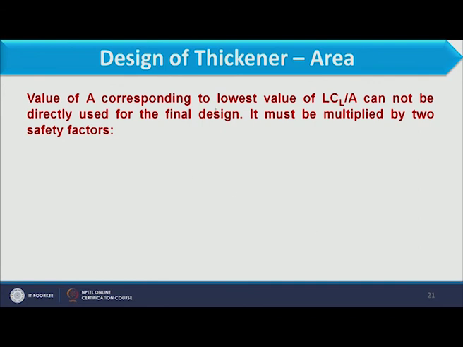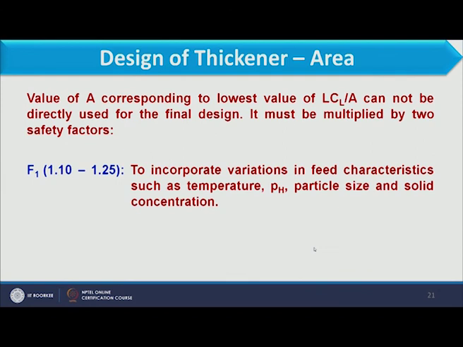The value of A corresponding to the lower value of LCl by A cannot be directly used for final design. It must be multiplied by two safety factors. So A we have already calculated, that is nothing but AR. I should write over here AR. So AR we can calculate from the LCl by AR graph, and it will be multiplied by two factors.